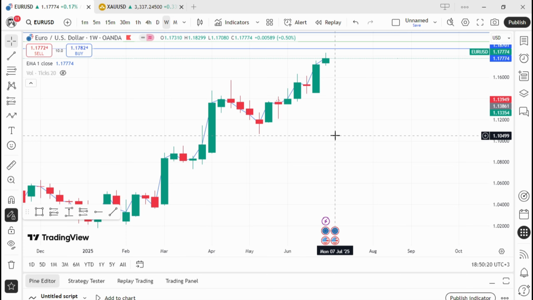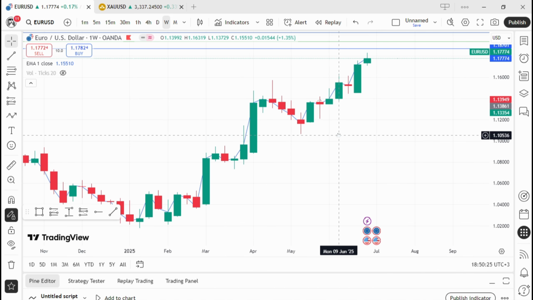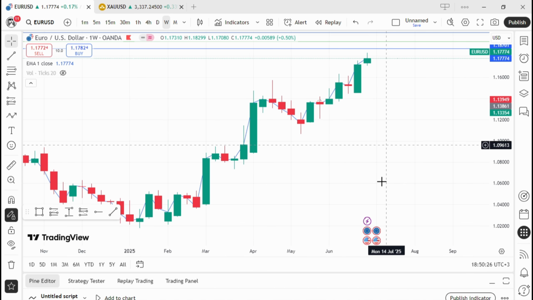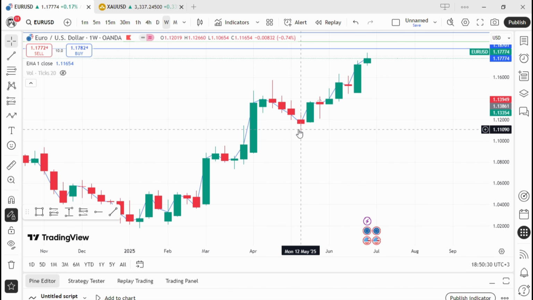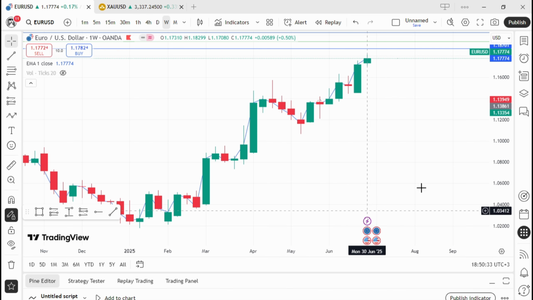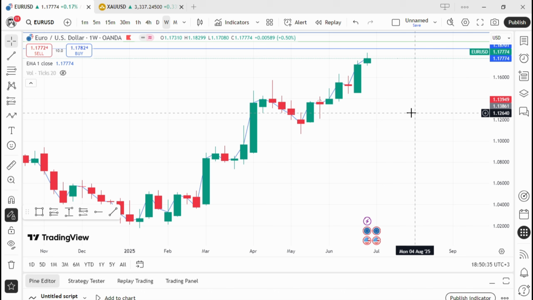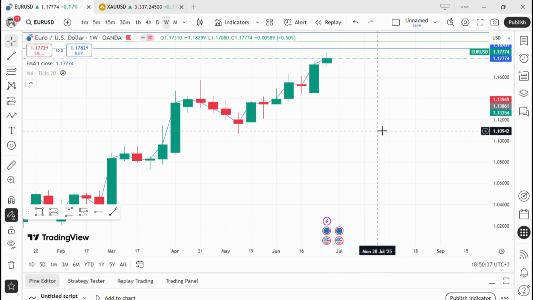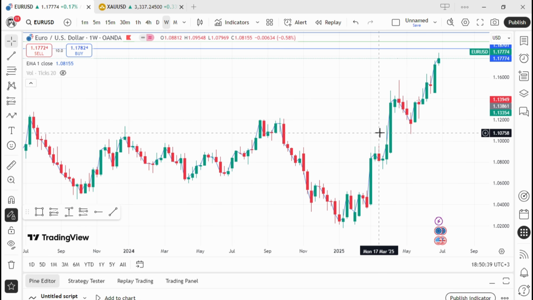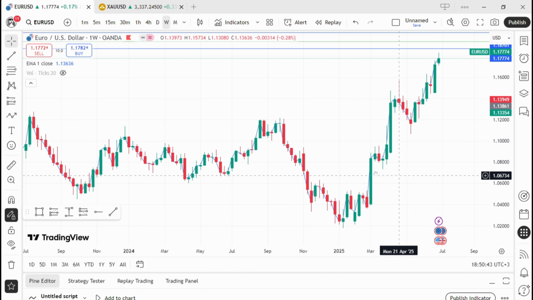You want the market to reach a certain level, a certain zone, and then you sell. If it has been buying, you want it to reach there and you look for sells. If it has been selling, you want it to reach a certain zone and you start buying. This is not the best you can do. What you can do is take advantage of what the market is giving you right now.